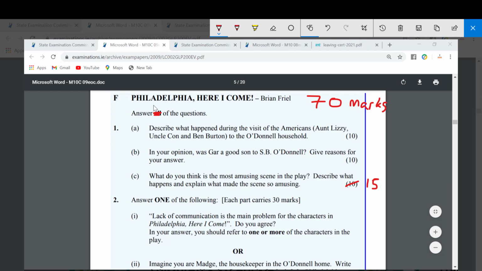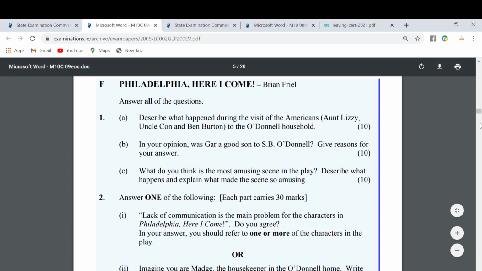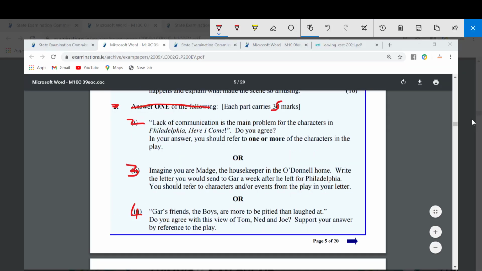You will be asked to answer 2 of the questions. So the first one will have 3 parts, 10, 10, 15. So then you will be presented with 3 more separate questions. Each of these questions carries 35 marks. So you have a choice of doing any 2 out of 4 questions.